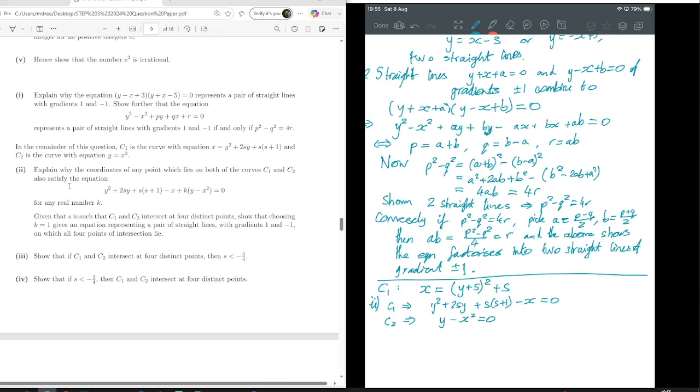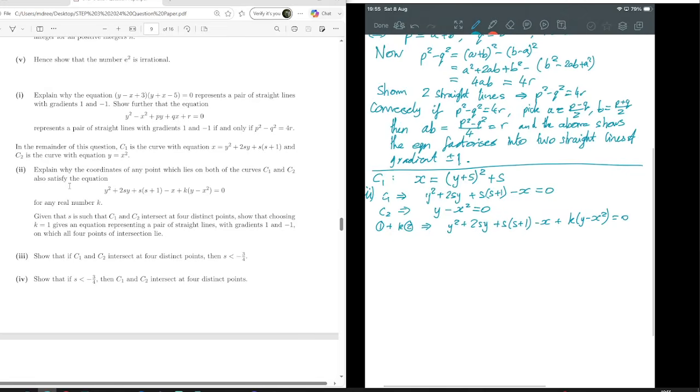So if I take equation 1 and add on k lots of equation 2, I get exactly the equation that they're considering. And that feels quite odd, because I've not really got any closer to solving this simultaneous equation. I've introduced an extra variable k.